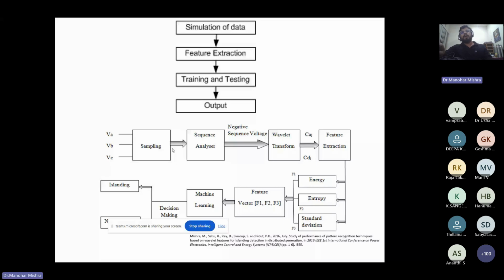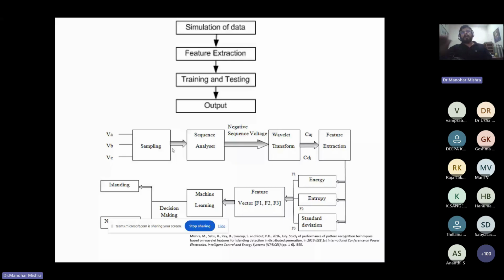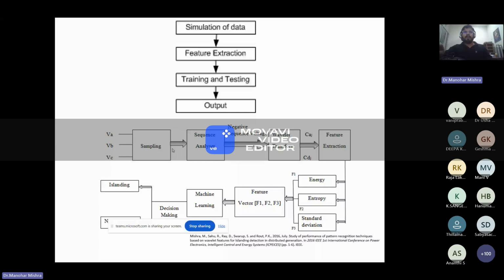Then we applied the wavelet transform to get the approximate and detail coefficients. From these coefficients we formulate different features: energy, entropy, and standard deviation. These features form a vector that is input to the machine learning technique to decide whether this is an islanding or non-islanding condition.